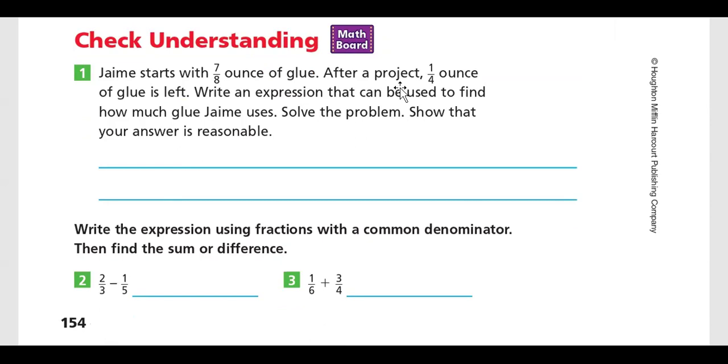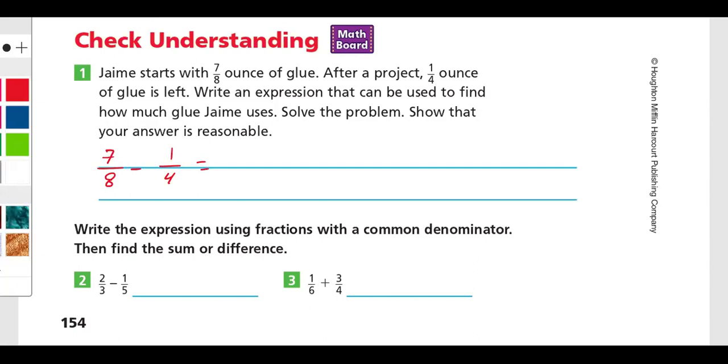So he uses what? We have to subtract. We have to subtract 7 over 8 minus 1 over 4. So I can make the same denominator.